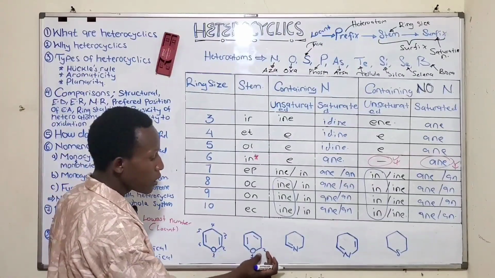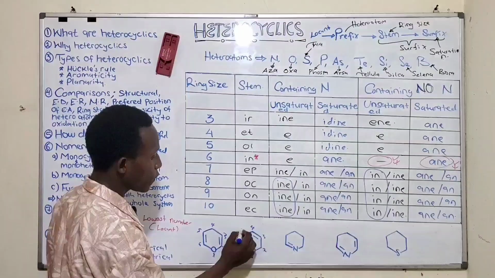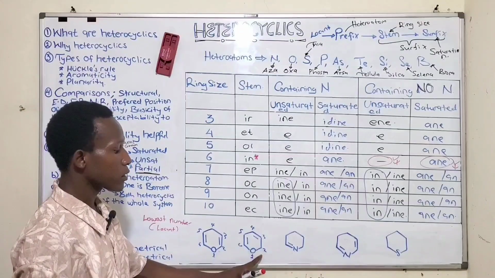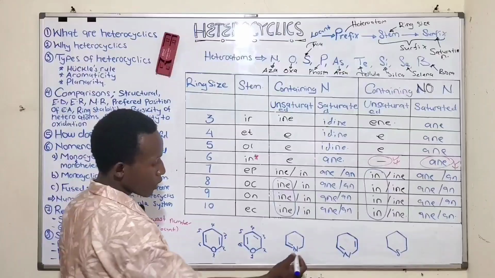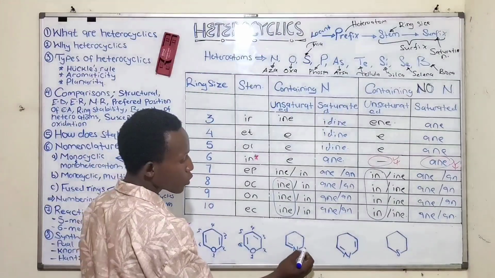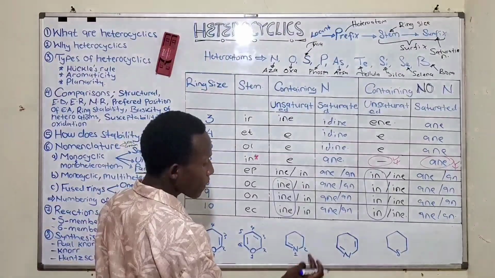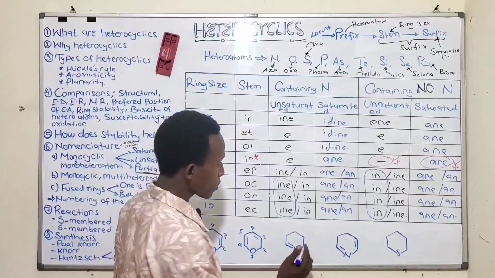We give it the lowest number possible. So it is position 2, 3, 4, 5, 6, not 1, 2, 3, 4, 5, 6. So it will be like this. This one, if it is position 1, this one will be 2, not this one, because we want to give the saturated carbons the lowest possible numbers.